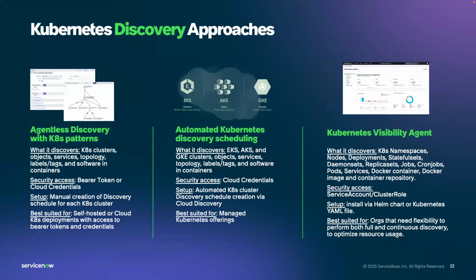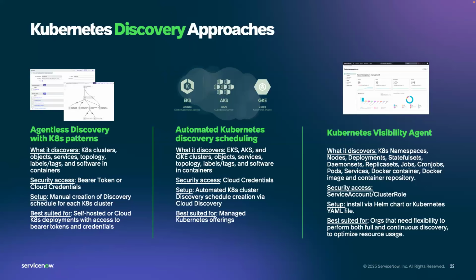So another capability with ITOM Visibility is our ability to discover Kubernetes clusters, right? So we have three different methods of discovering Kubernetes clusters. The first one is pattern-based, right? So being able to execute patterns against a Kubernetes cluster to bring in all the details about that cluster, right?